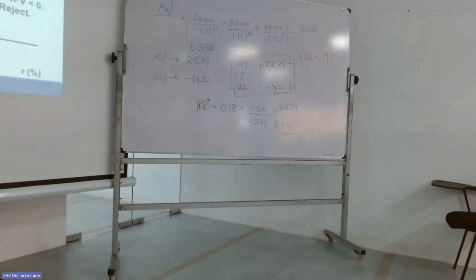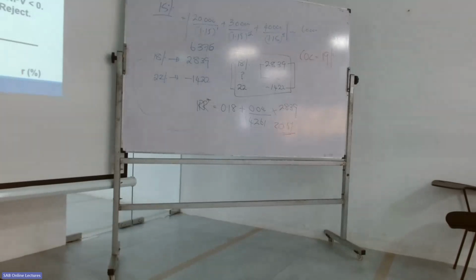Right. Now, for an independent project, you know what an independent project is; we defined it at the beginning. For an independent project, there is no conflict between IRR and NPV. There is no disagreement between the IRR and the NPV.